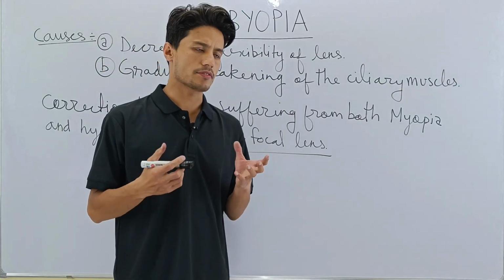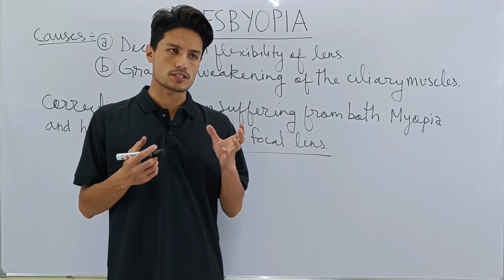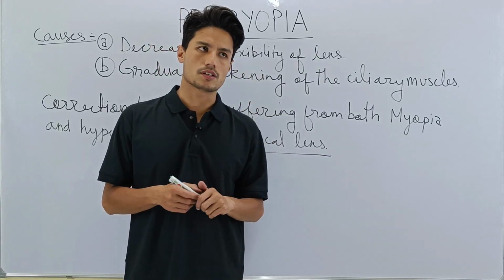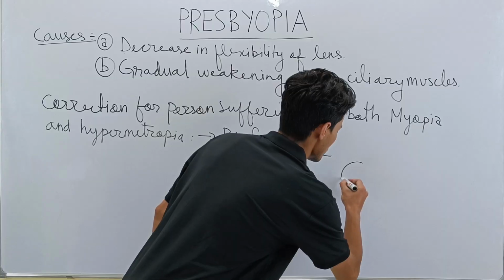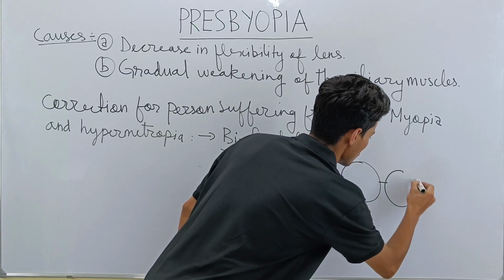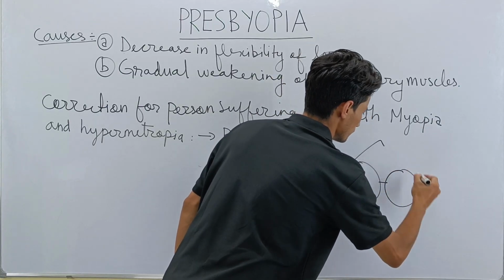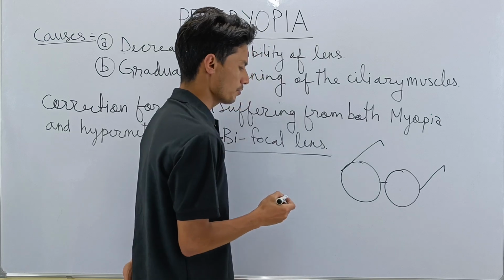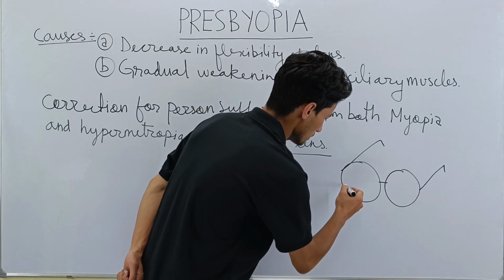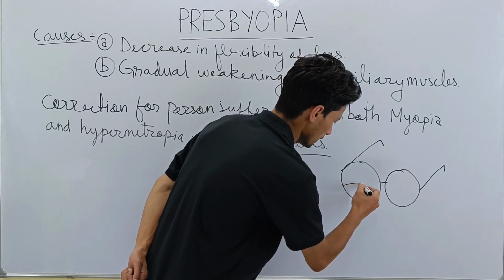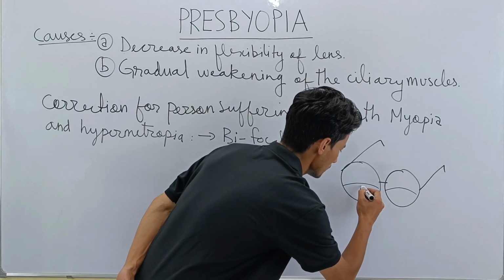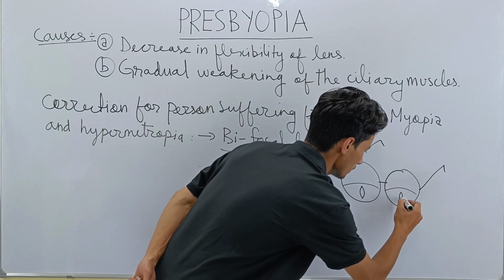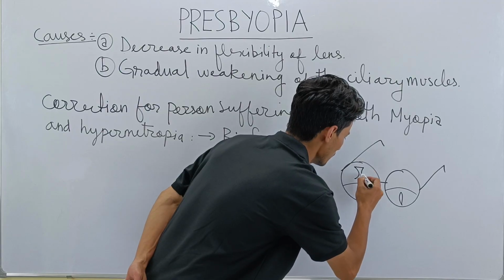Now, what is this bifocal lens? Bifocal lens is a lens which has got both the types of glasses. Let me show you. So let's say this is the lens glass. Now in bifocal lens, the bottom part will be convex and the upper part will be concave.